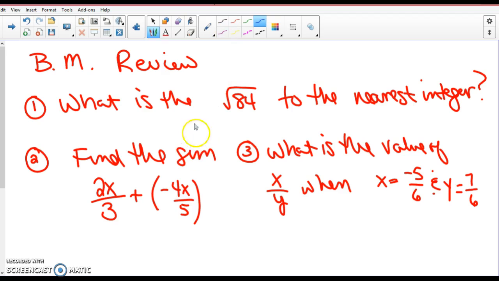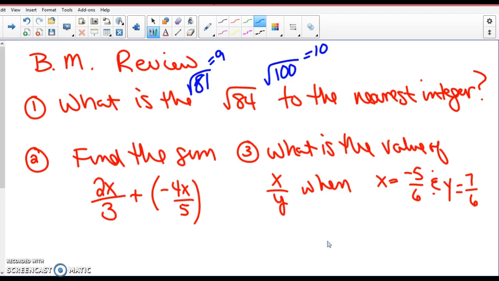We need to figure out what 2 perfect squares are smaller and greater than 84. What is the perfect square that is a little bit less than 84? The square root of 81, which is 9, and this would be 100, which is 10.